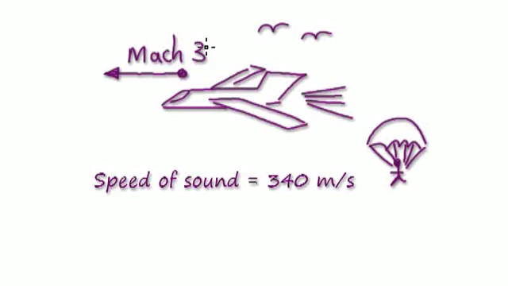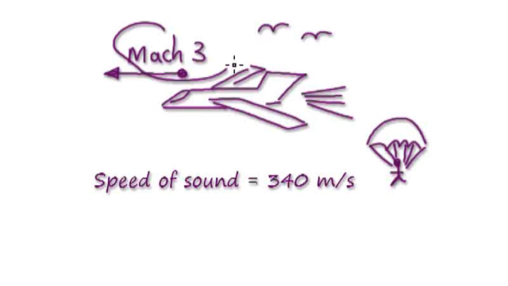Mach 1 means going at the speed of sound. This jet is going at Mach 3, so 3 times the speed of sound.